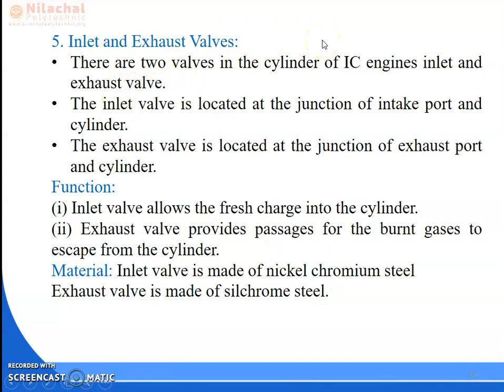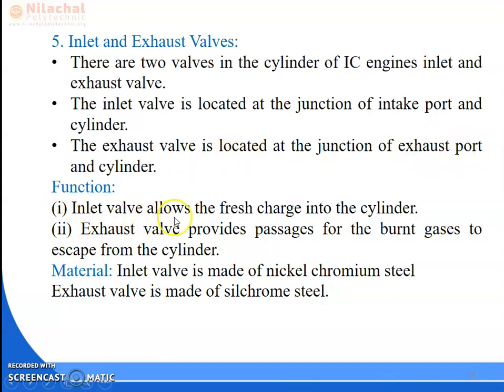You know that the smoke goes out from the silencer. From the engine, the burnt gas goes out by the exhaust valve, and then it passes through the silencer. The exhaust valve is located at the junction of the exhaust port and the cylinder, so you can get the exhaust manifold. Exhaust ports are used in 2-stroke engines, valves are used in 4-stroke engines.